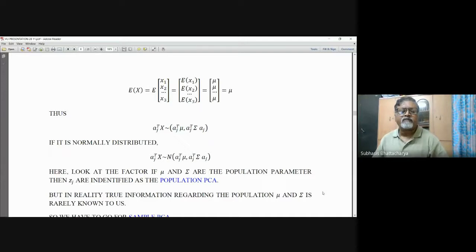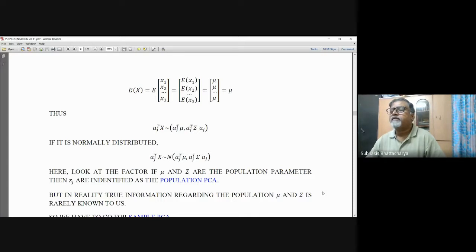Now, for further discussion, I am coming to an example. After getting the A transpose X matrix, you find its mean and its variance. Then if you consider, suppose, a normal distribution, you consider its normal distribution over the variables.